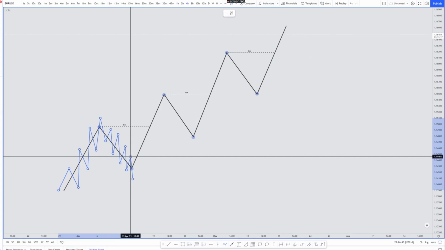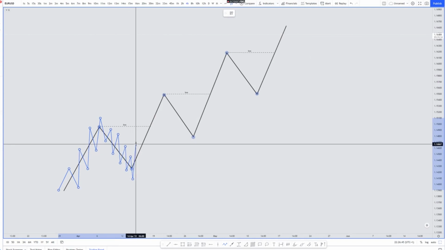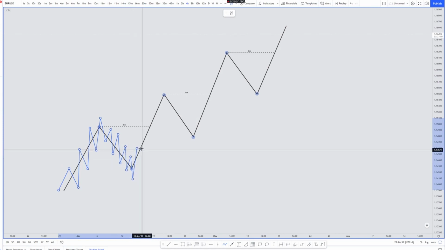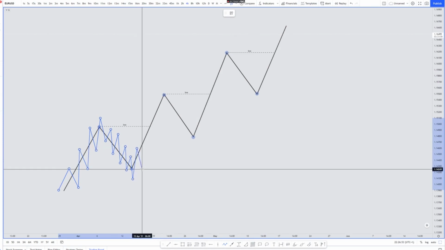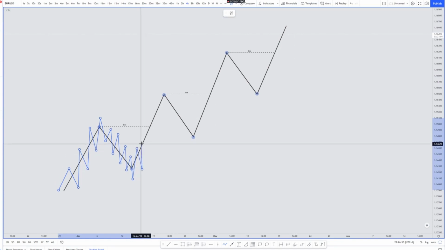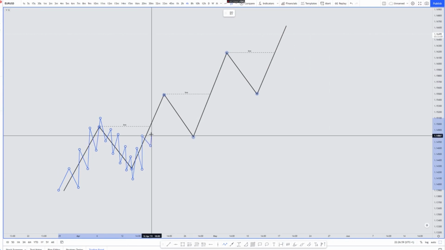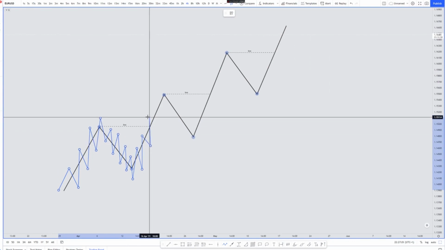So now as we take this high on the 15, we now just became bullish. Unconfirmed, but bullish. We're in line with 4-hour trend now. And now we can start making trade ideas to continue with higher time frame narrative.